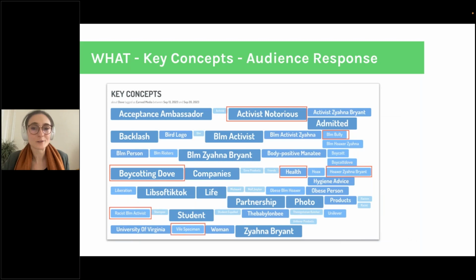Also, going beyond hashtags, in key concepts, here you will see the keywords and the expressions that are associated to your brand. And you can assess how serious these threats are. And based on this, how serious the accusations are, what is the level of the crisis that you detected, you can decide who should respond.